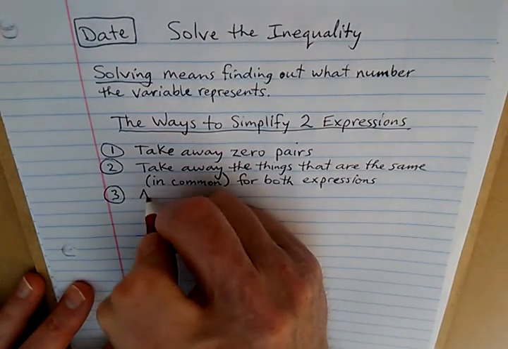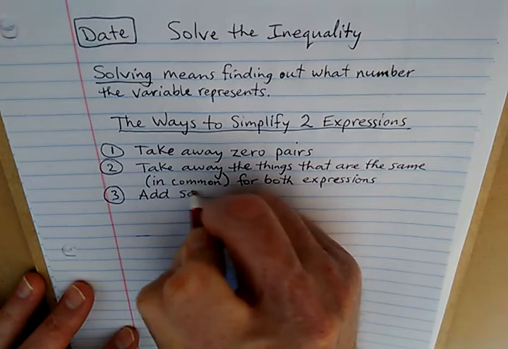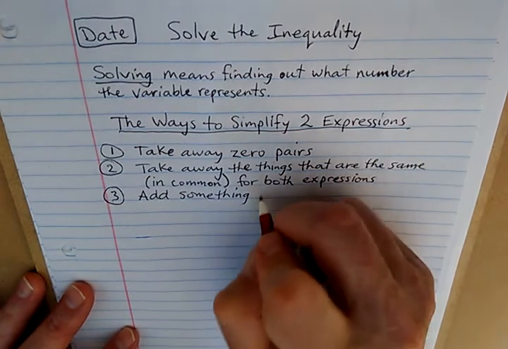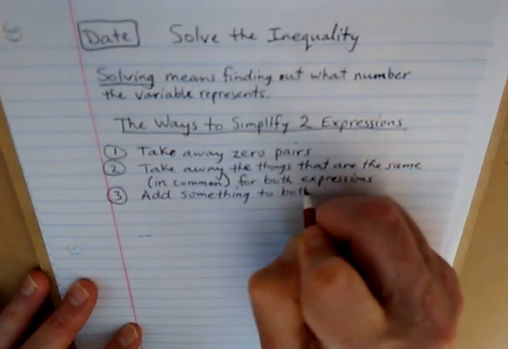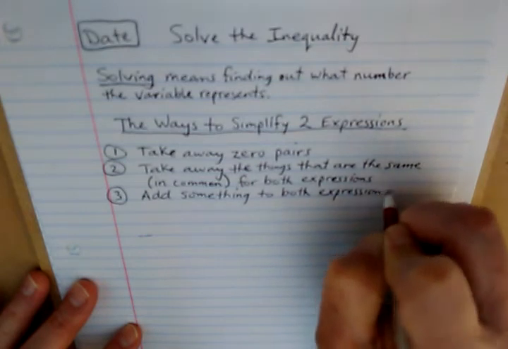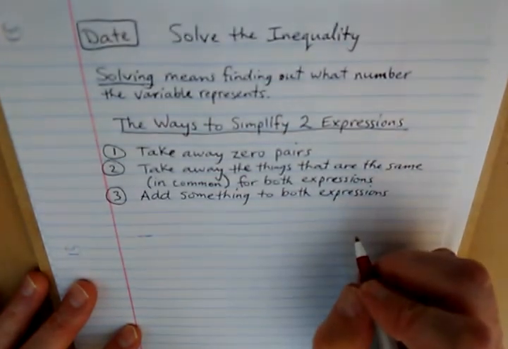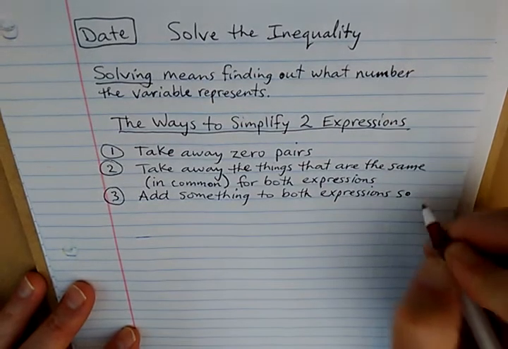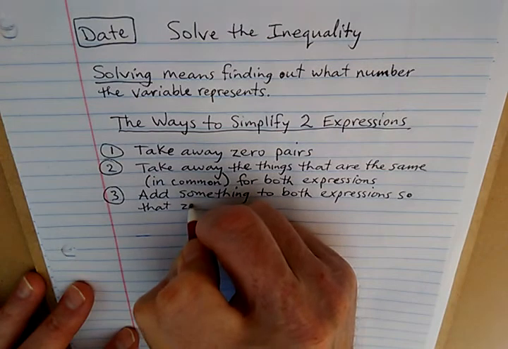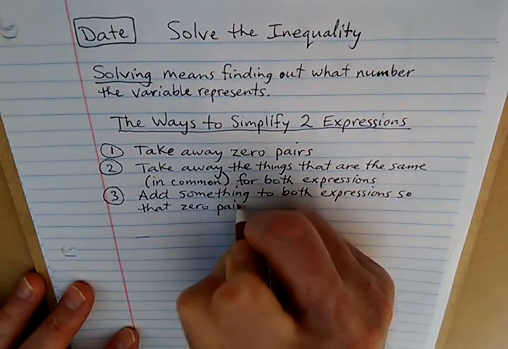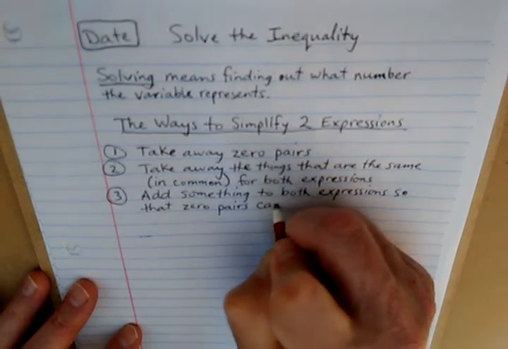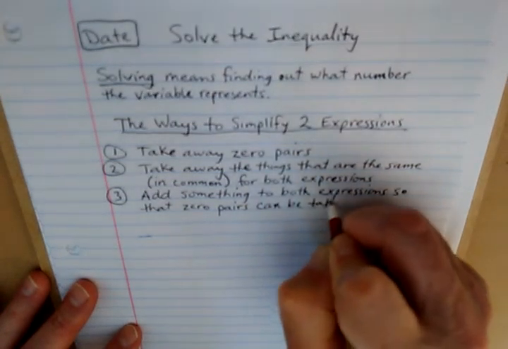It's that we can add something to both expressions so that zero pairs can be taken.